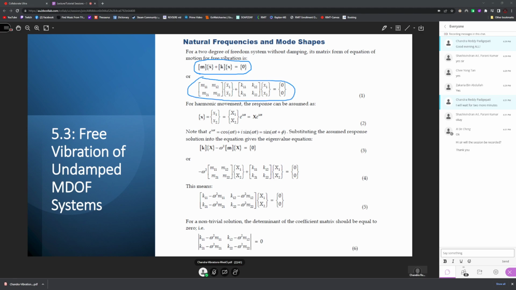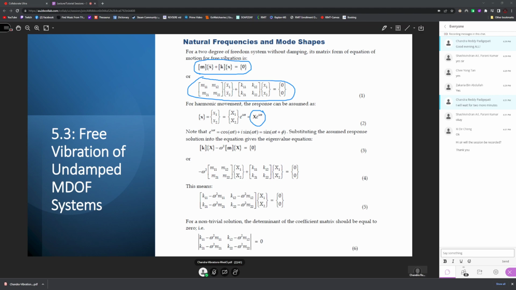Now to find the response of the system, just like what we have done for the single degree freedom system, we take the response in matrix format as x1, x2 times exponential e to the power i omega t.